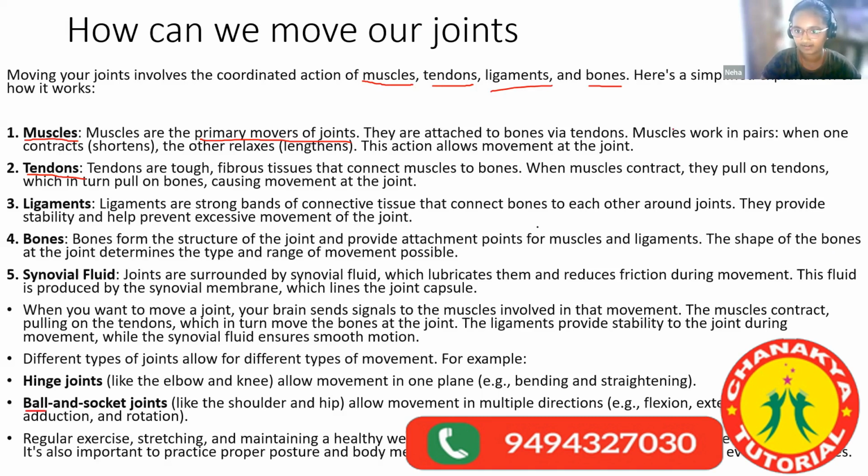Muscles work in pairs. They have two actions. When one muscle contracts, like it shortens, gets smaller, the other one relaxes, like it gets bigger. So this is the action of the muscles.